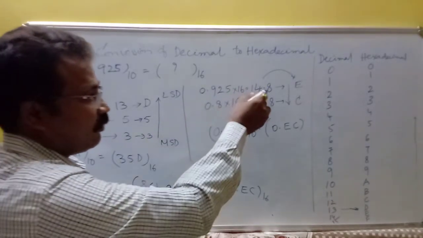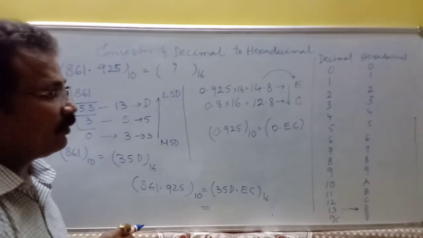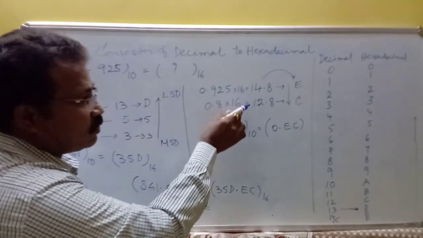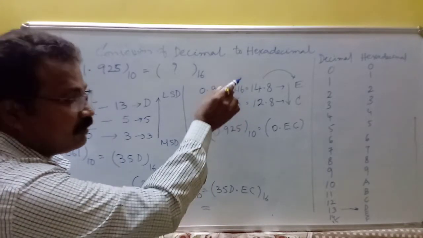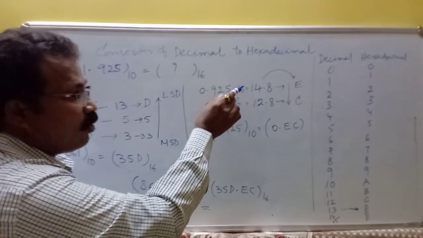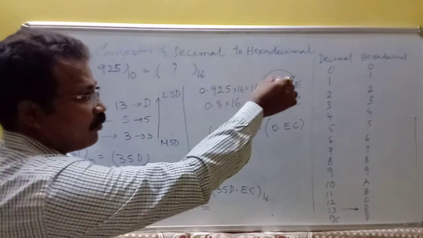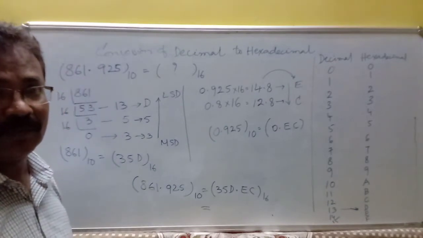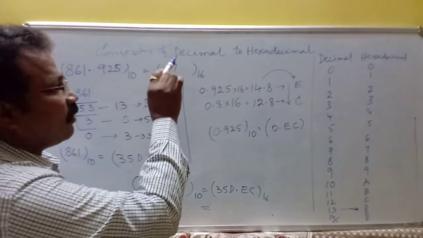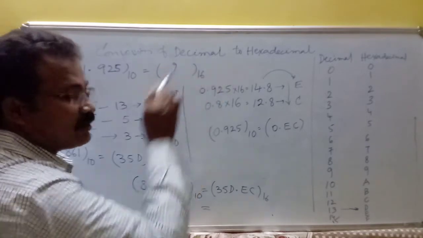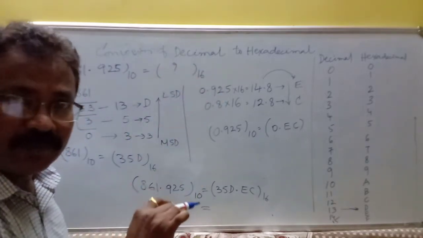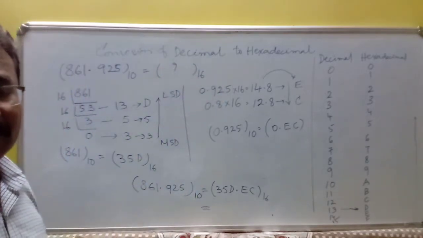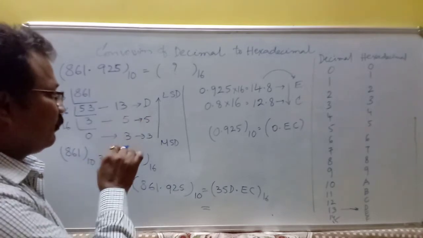The fraction part is repeated or recurring. Now take the integer parts only, and you have to write those integer parts from top to bottom.